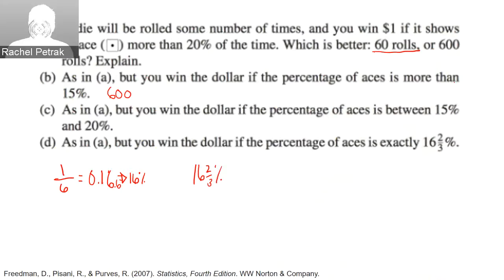So if we want to get the percentage of aces between 15%, which is below our expected value, and 20%, which is a bit above, we want to be, again, at a higher number of trials here, 600. And again, how are we most likely to get a percentage of aces that's exactly equal to the expected probability? 600, right?